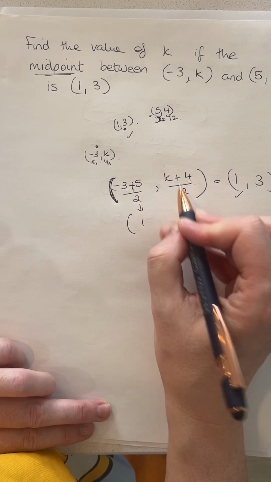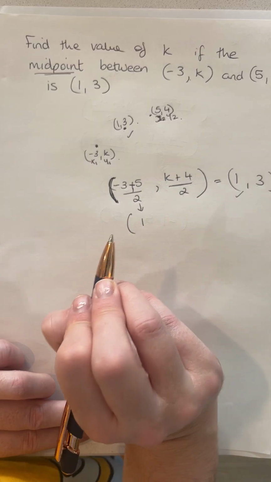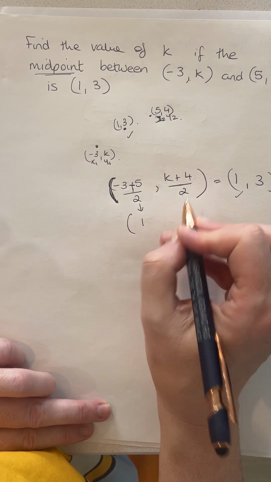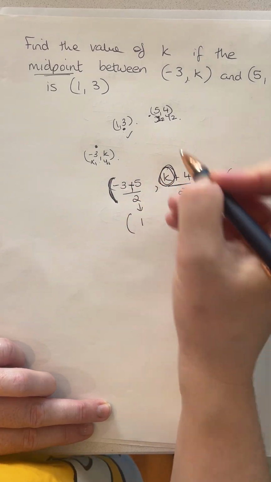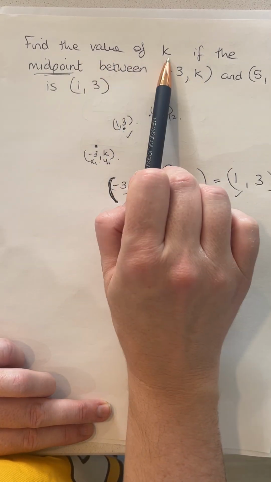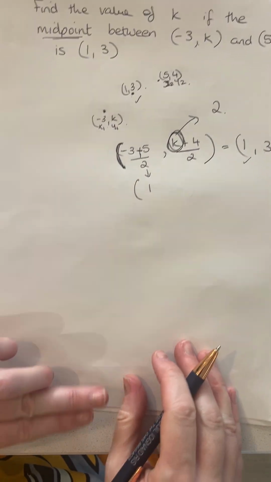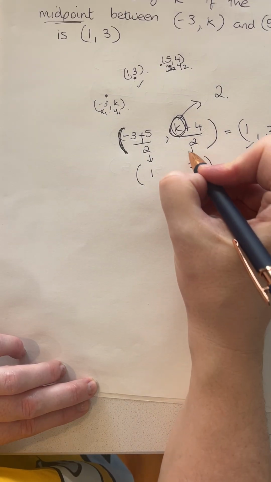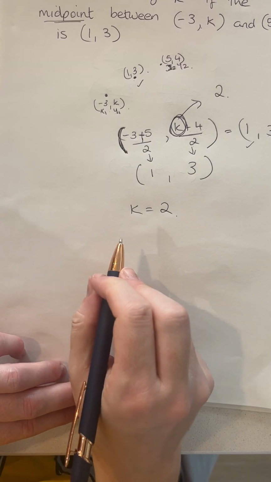So then that means that that's a 2 plus 4 divided by 2 gives me a 3. So just take your time and work it out carefully, and you'd eventually have found out that k, which is what I'm searching for, find the value of k, was a 2. So my midpoint is 1, 3 only when k is a 2.